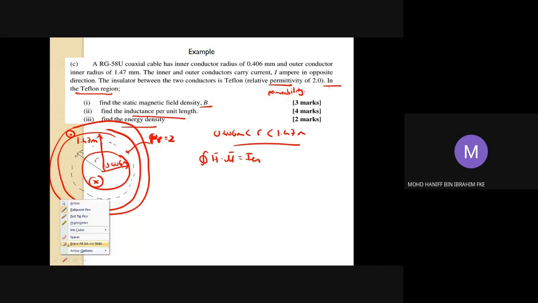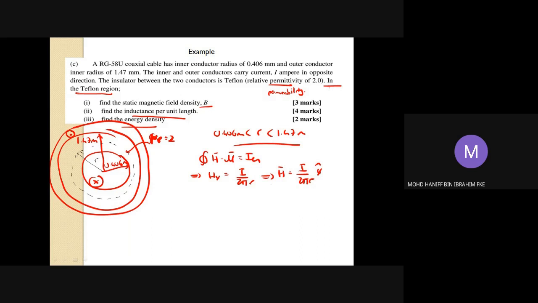From here we can calculate that H phi shall equal I over 2 pi r. So the H vector will simply be I over 2 pi r in the direction of phi, because r here is any value between 0.406 and 1.47 millimeters.